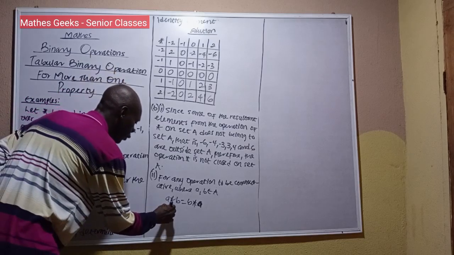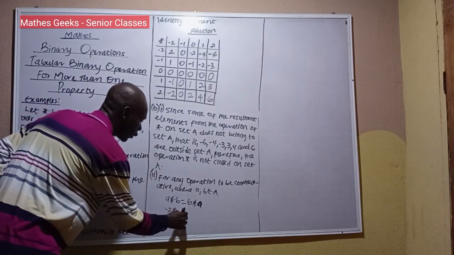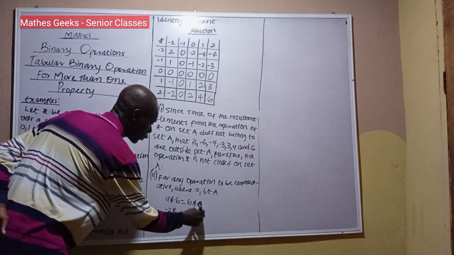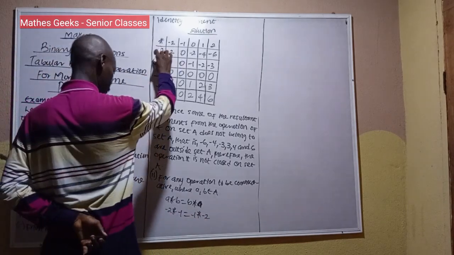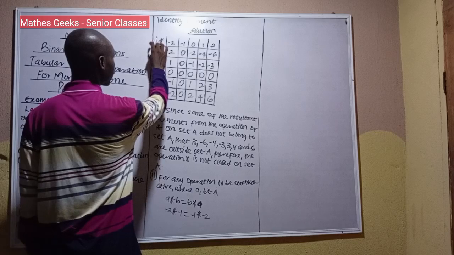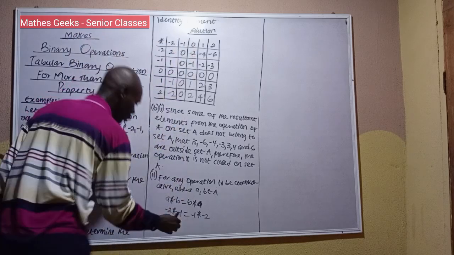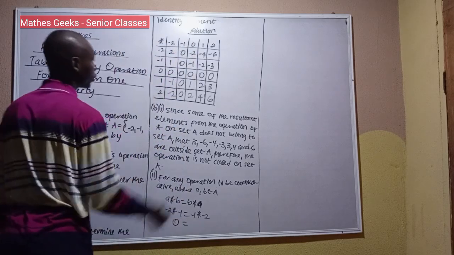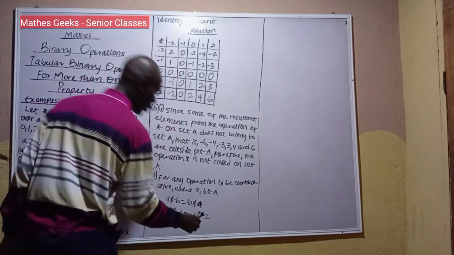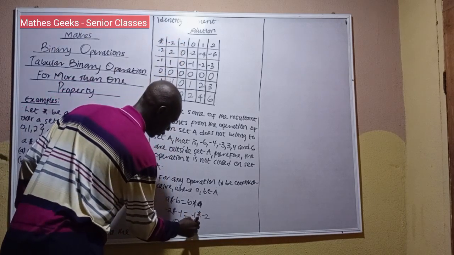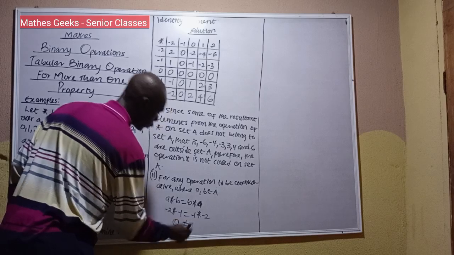Let's say we are taking -2 star -1 and compare it with -1 star -2. So -2 star -1, what is it? -2 star -1 is 0. Is it equal to -1 star -2, which is 1? So this is not equal.